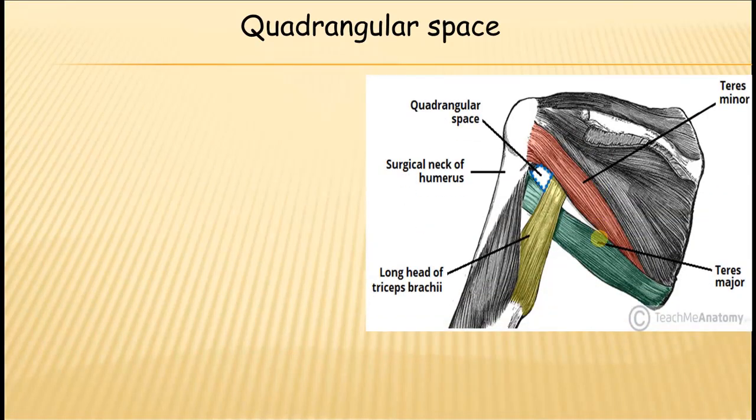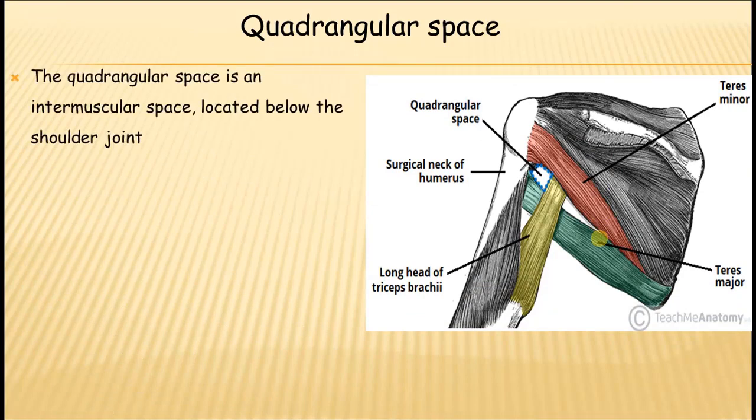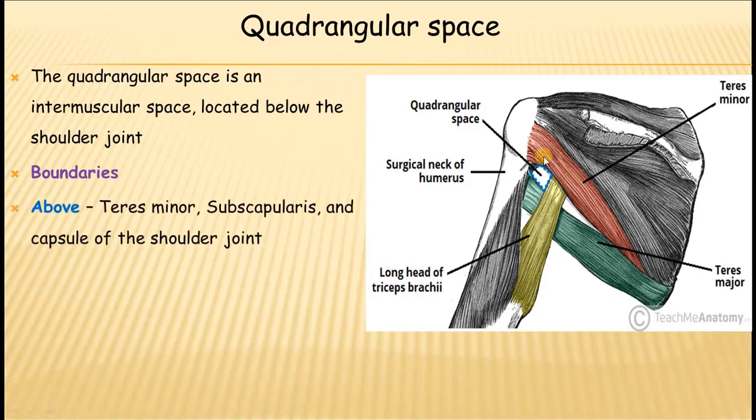The first space is the quadrangular space. It is immediately present below the shoulder joint. So the upper boundary is mainly formed by the teres minor. You see the teres minor muscle.